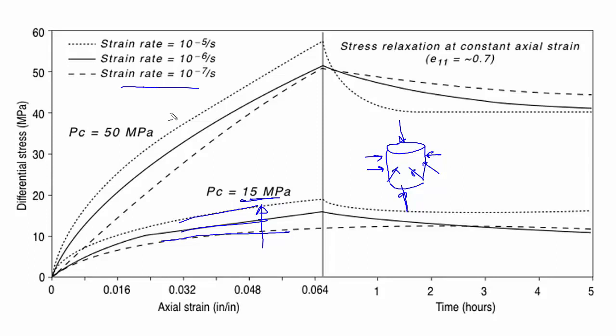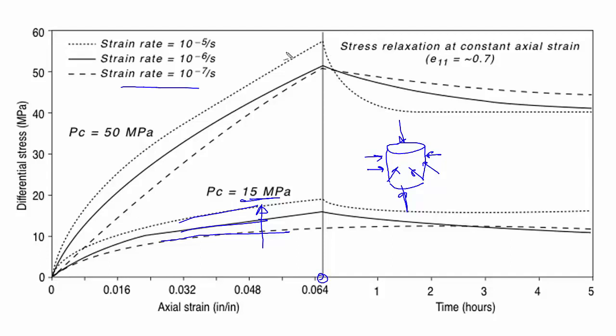So the faster I load it and the higher the pressure, the elastic moduli goes up. In this case, the test was strained and then held fixed at this point, and then the stress is measured over time after that, and you can see the relaxation. The relaxation is also different depending upon the rate it was loaded.